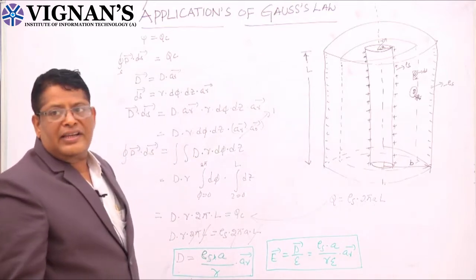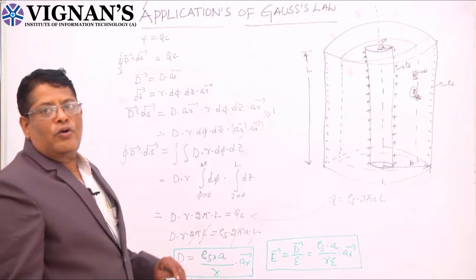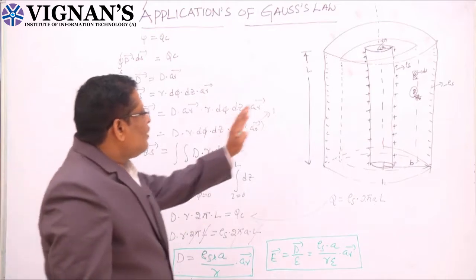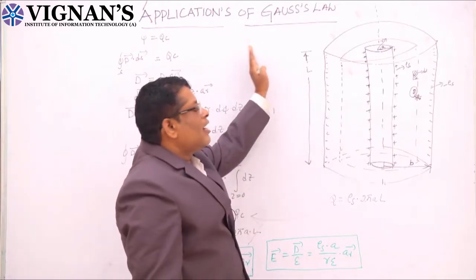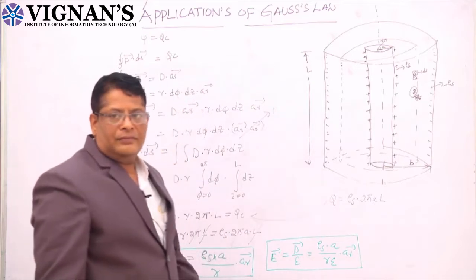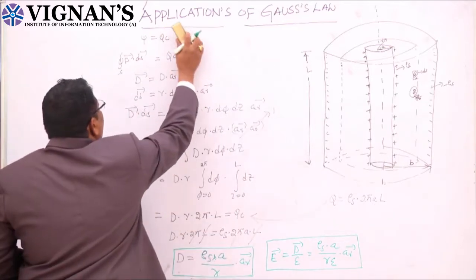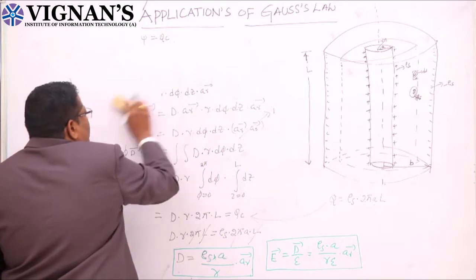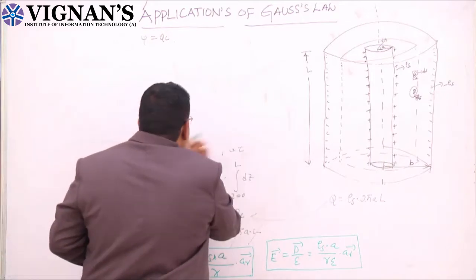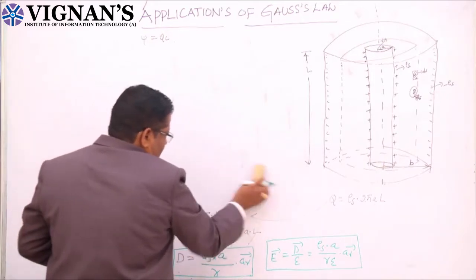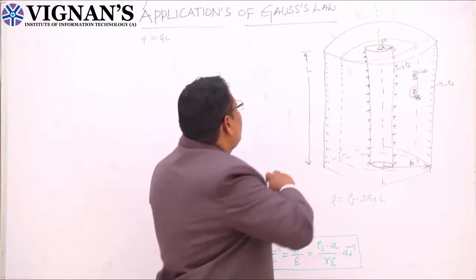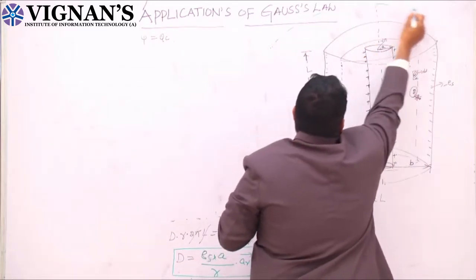In the second case, we are going to find out the electric field intensity outside of a cable. Whenever we take the point outside of a cable, the Gaussian surface is drawn in this manner.